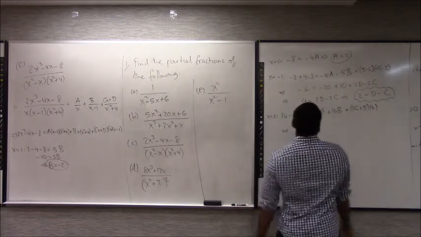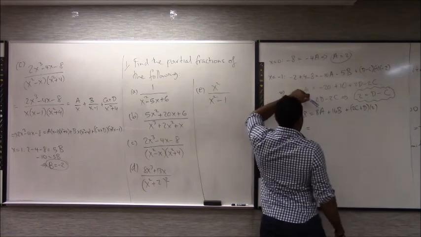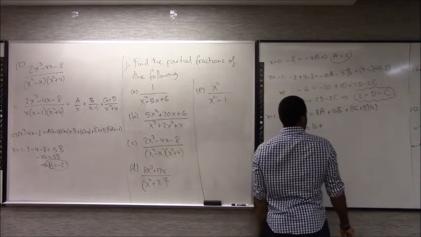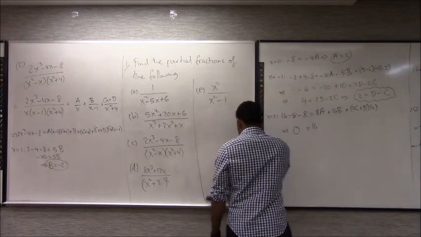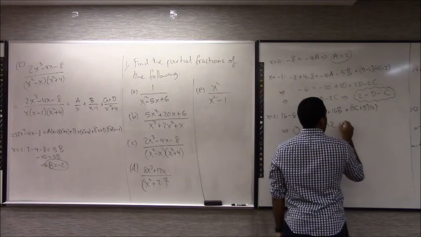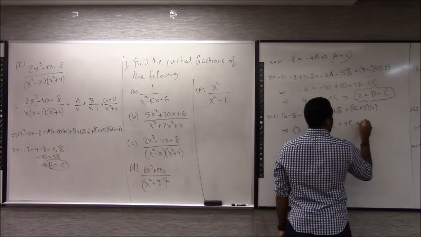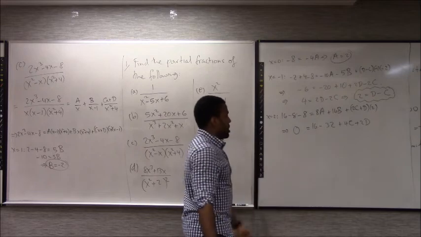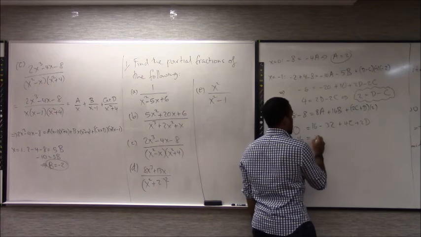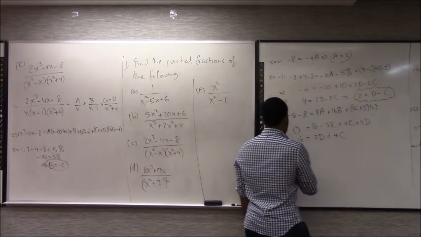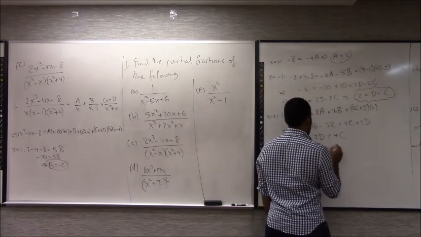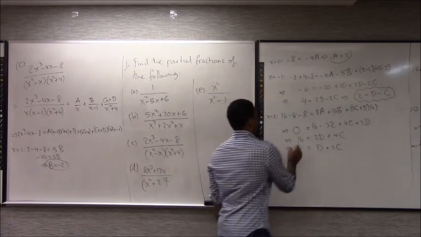Now a is 2, so here this will be 16, plus b is minus 2, so this will become minus 32, and then I would have plus 4c plus 2d. That will become minus 16. Move it over here, I get a positive 16. Divided by 2, I get 8. Equals this. I have those.